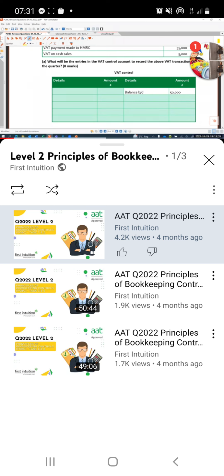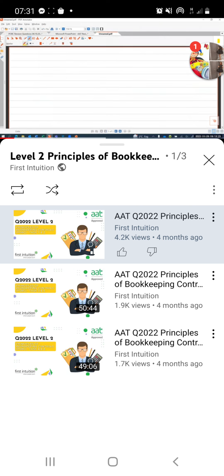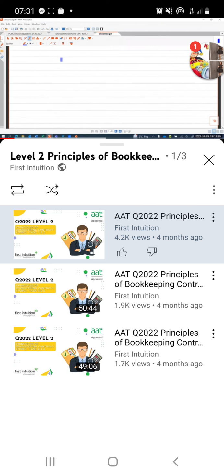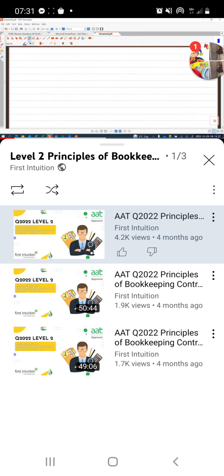Well, what I would just like to revise with you is how I might tackle this sort of task. So the first thing that I would be tempted to do is maybe just sketch out on my workings paper a little VAT account. And what I may do on that VAT account is just remind myself how it works.